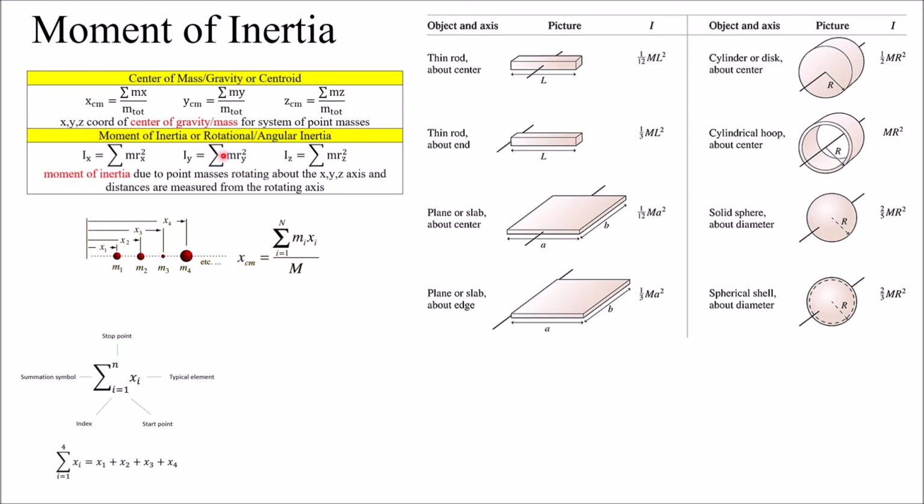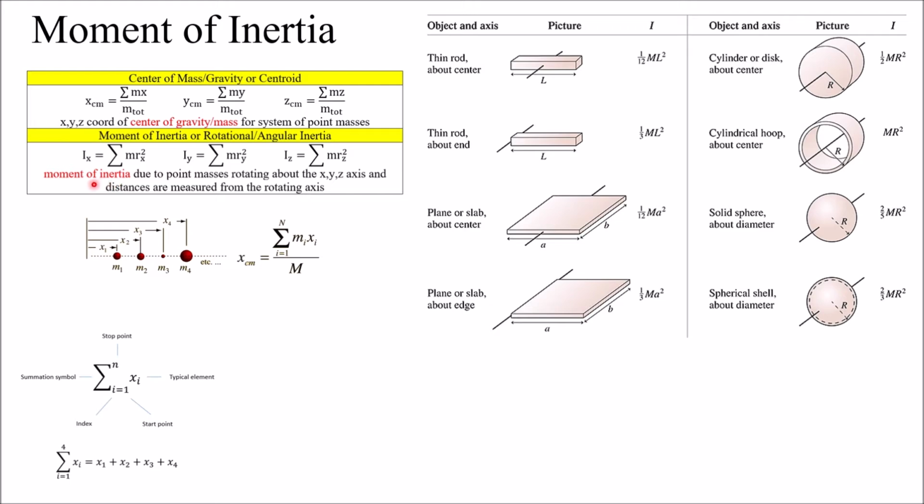It still has to do with mass. Mass is very similar to inertia. Remember, inertia is basically an object's tendency to resist changes in motion. Well, this idea of rotational inertia is an object's tendency to resist changes in rotational motion. And so it's kind of like rotational mass in a way.